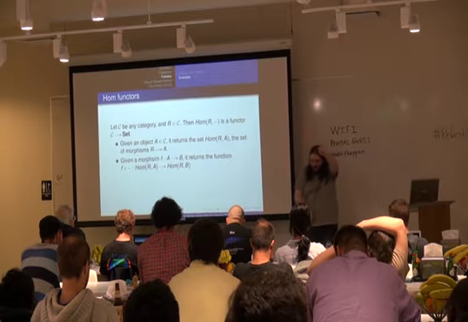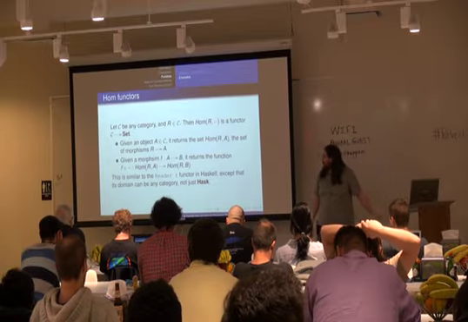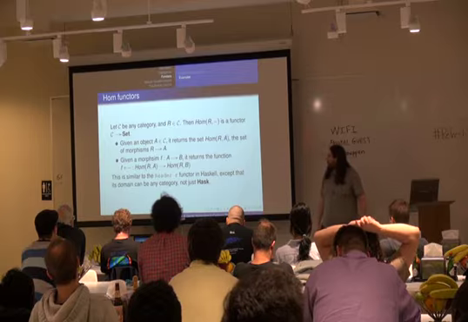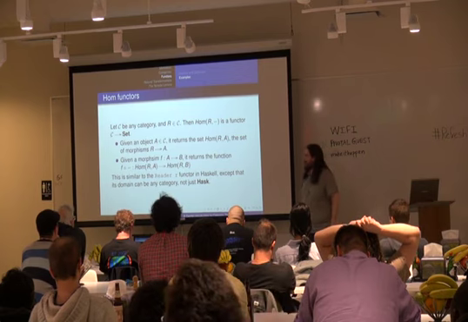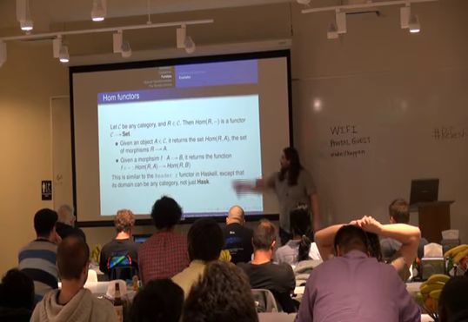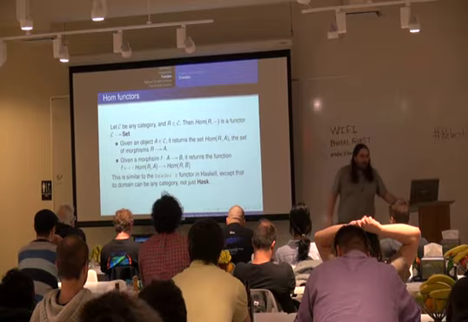And I send every A to how you can get to it from R. That's a lot like the reader functor in Haskell, except that reader takes a type and returns another type, whereas this thing can take anything and it'll give you a set.